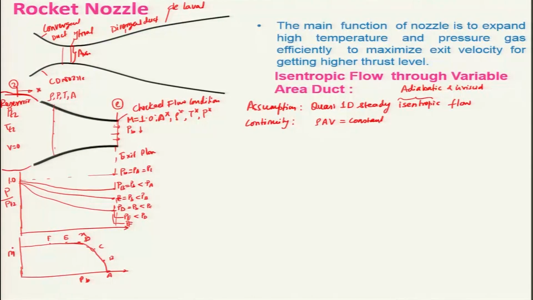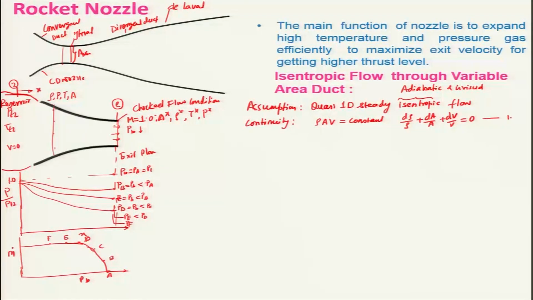Let us now look at this continuity equation in differential form. That becomes d rho by rho plus d A by A plus d V by V is equal to 0.